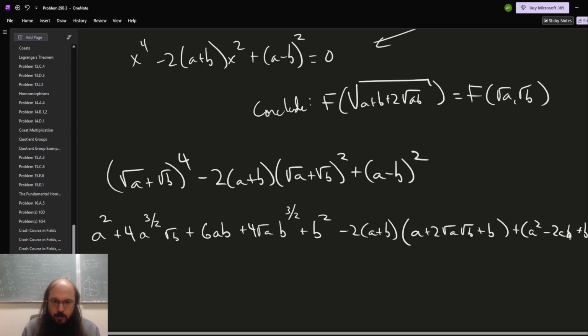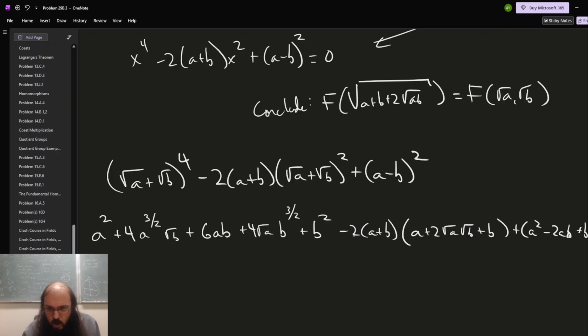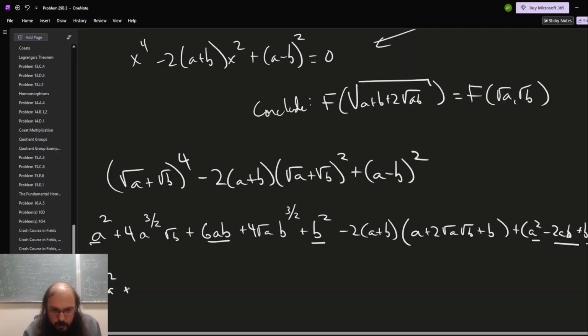All right, so we have quite a bit of mess here. We have to start looking for things that might cancel out, or at least like terms that we can group up. Here I see an a squared and an a squared, and some ab's, and some b squared's. With the a squareds together, we get 2a squared.